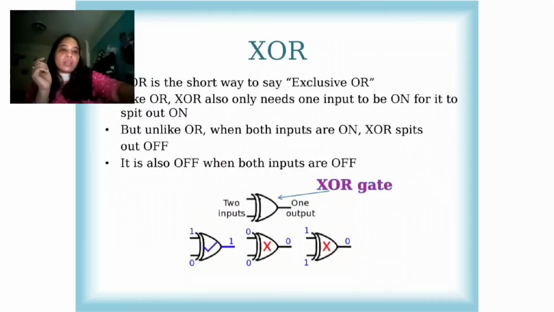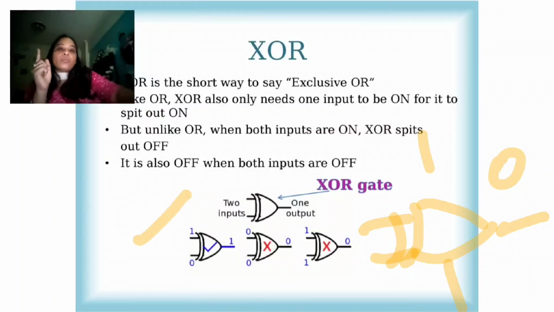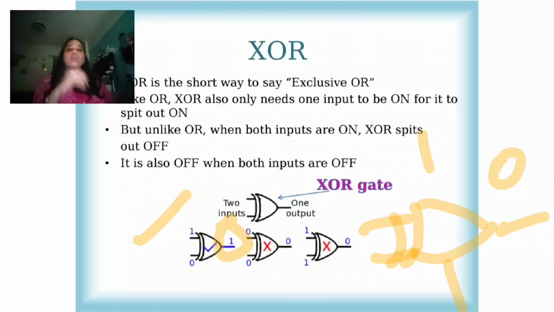Okay, so here you can see this gate, you can draw it like this. Two inputs, for example, both inputs are true. What is the result? Off. If any one of the inputs is on, you get the on position. That is the benefit of XOR gates. In OR gates, if any one of the inputs is passed, we get the on result.